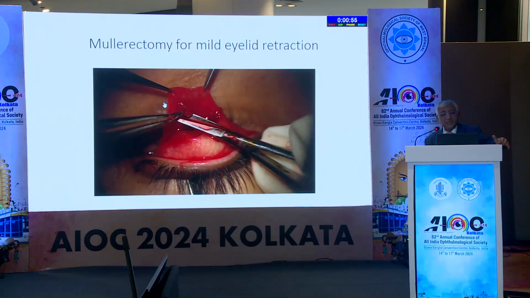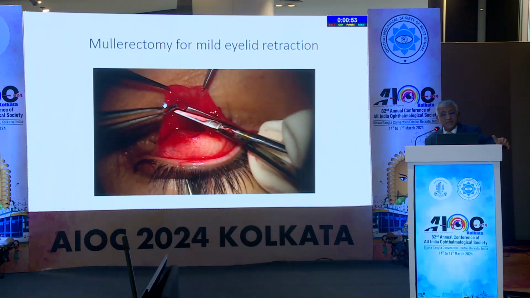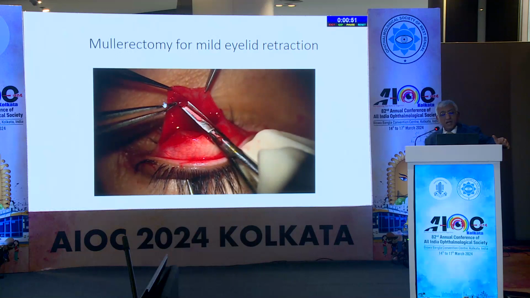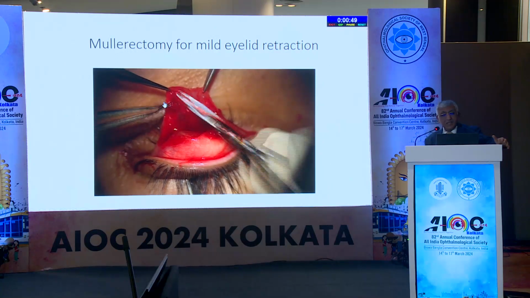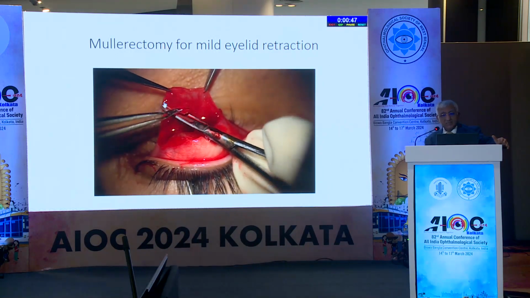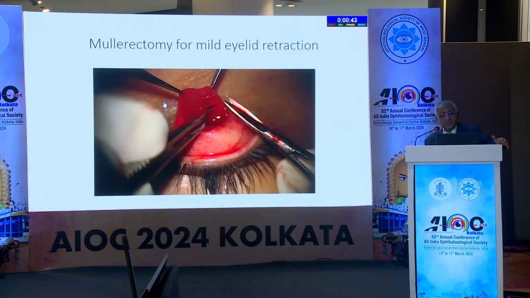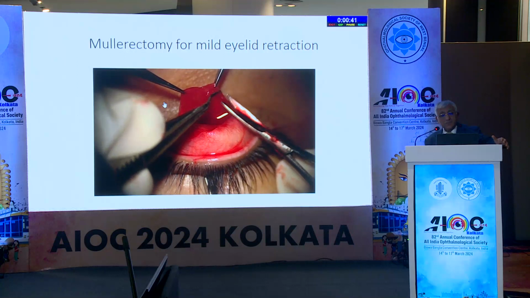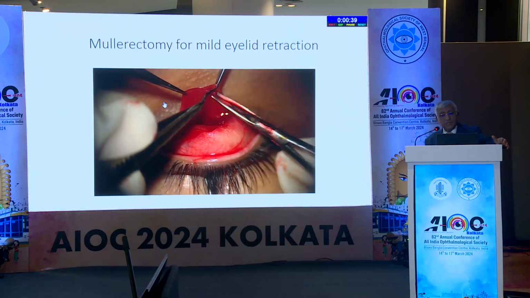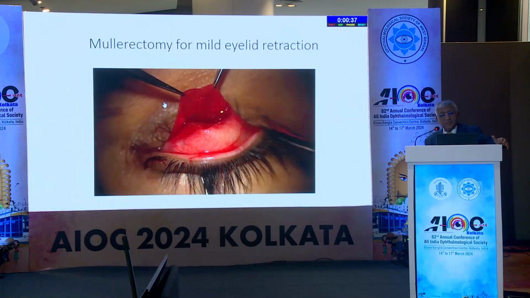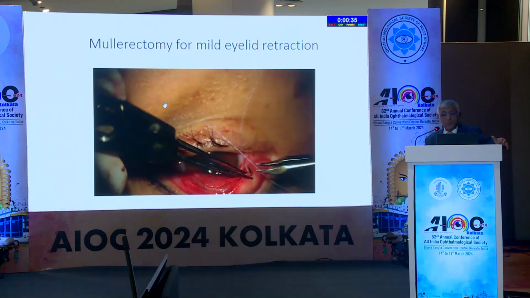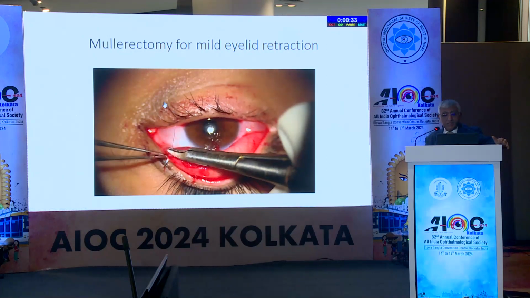Create that plane with your dissection, dissect away all the Müller's muscle for a height of up to generally about 8 millimeters. Severer cases may do a little more, and you excise it all the way up to the upper border of the conjunctiva. And then you may or may not combine it with levator tenotomy.